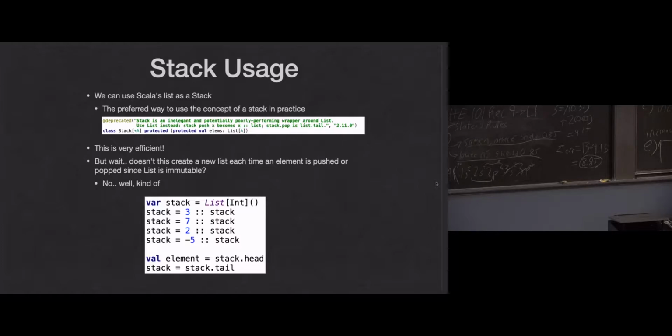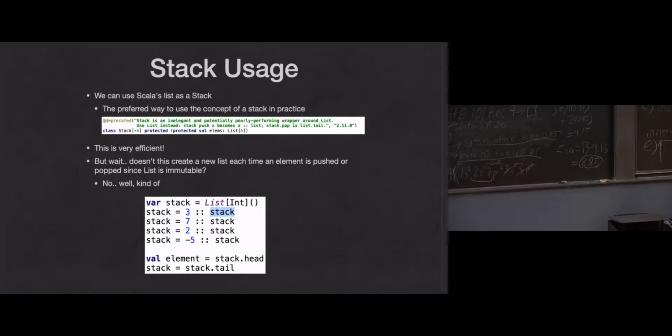But this should be inefficient, right? I've been saying all semester that when you modify a list, you don't actually modify the list at all. What you're doing is creating a brand new list with those changes applied. So 3 prepend stack doesn't modify this list in any way.